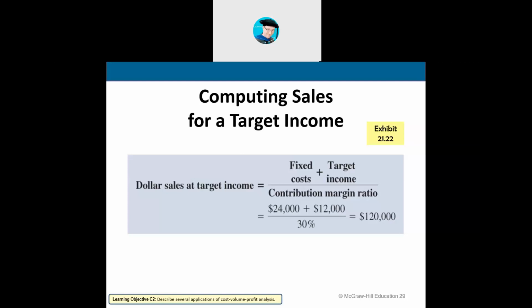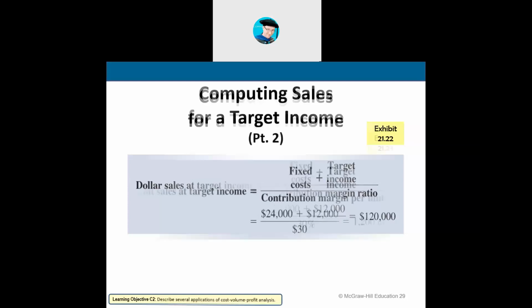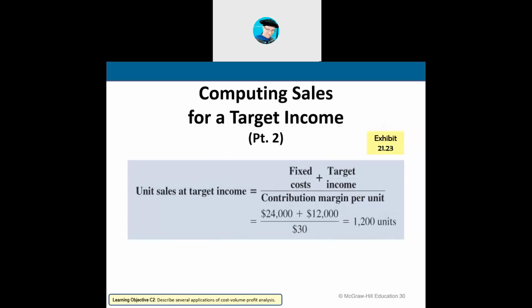So 24,000 fixed costs plus $12,000 target income divided by contribution margin ratio, 30%, equals 120,000. I need to sell $120,000 a month in order to generate $12,000 a month of net income. That's what target income tells us. It's a really nice concept.